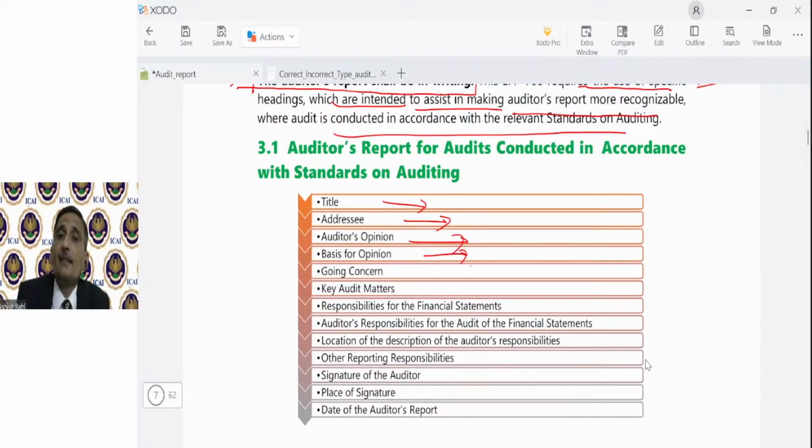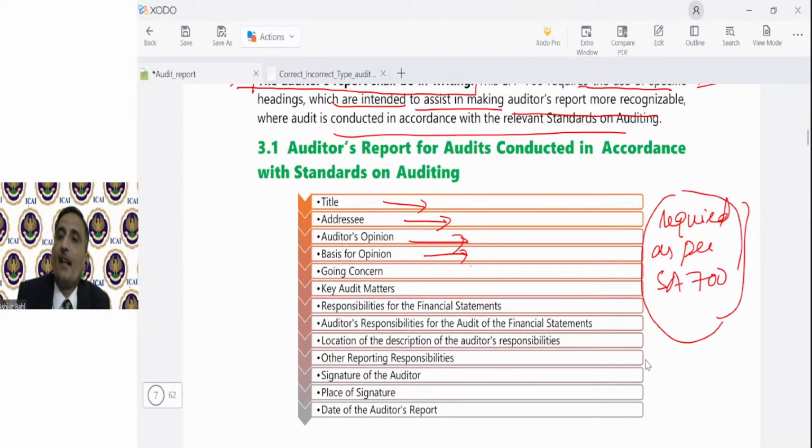These are in fact compulsorily required as per SA 700. Like the report should start with the title. What should be the title? Like independent auditor's report. So there should be a heading to the audit report, that is, independent auditor's report.